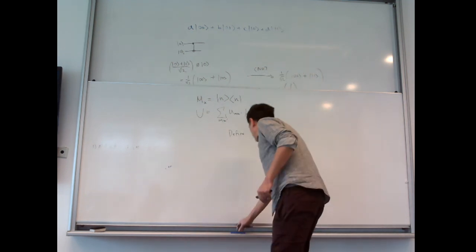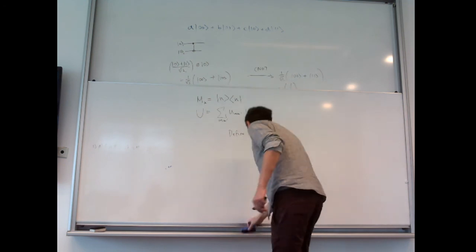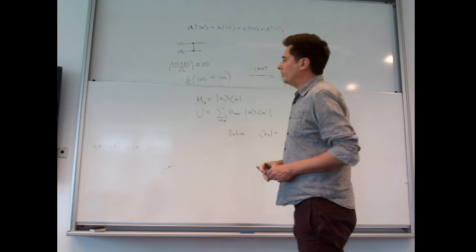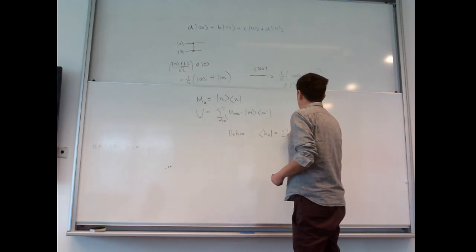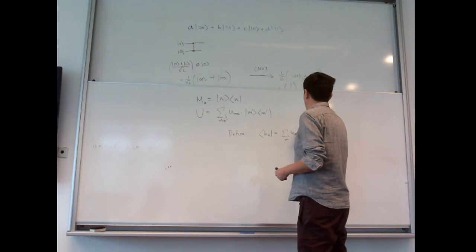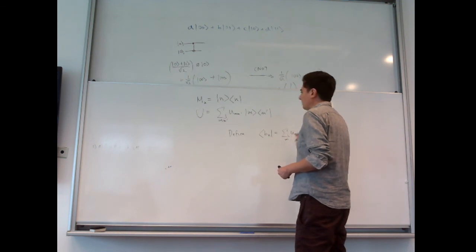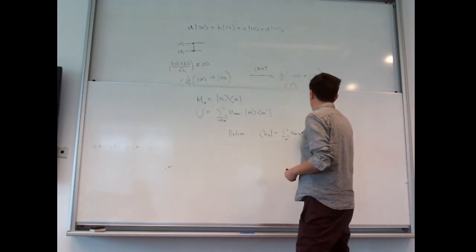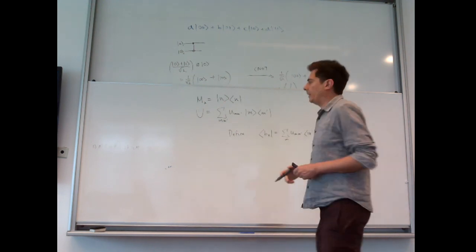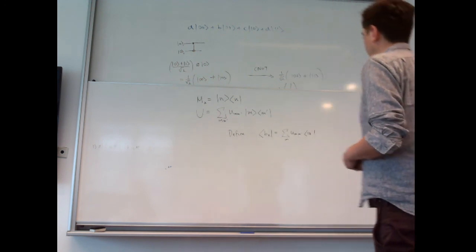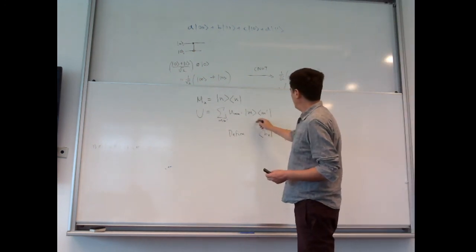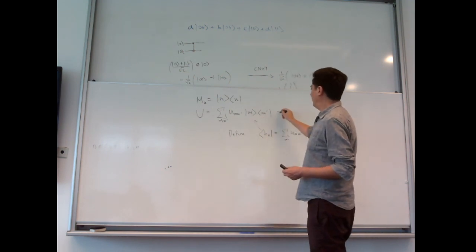It might be a bit easier if I define the conjugate vector actually. Define Bn conjugate vector as being m dash U m dash. I'm just defining that thing.